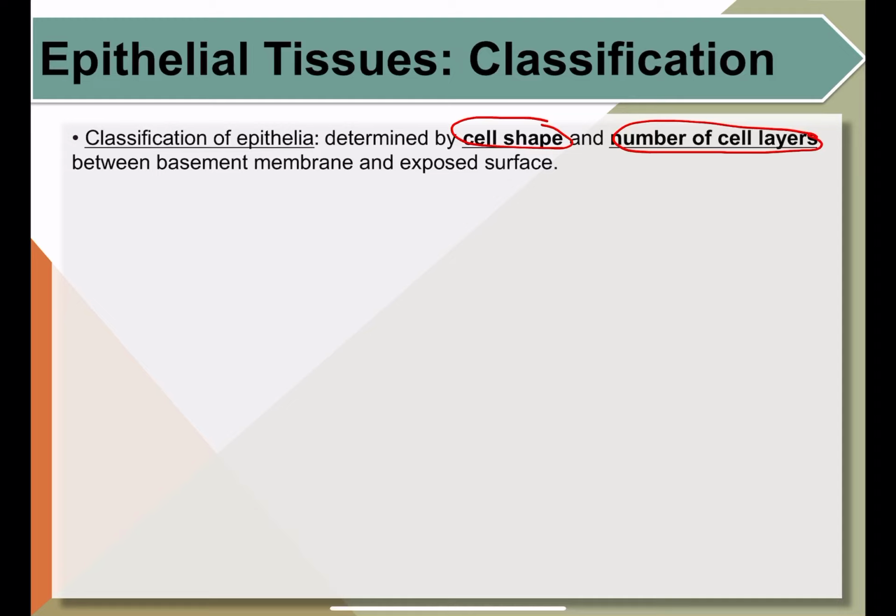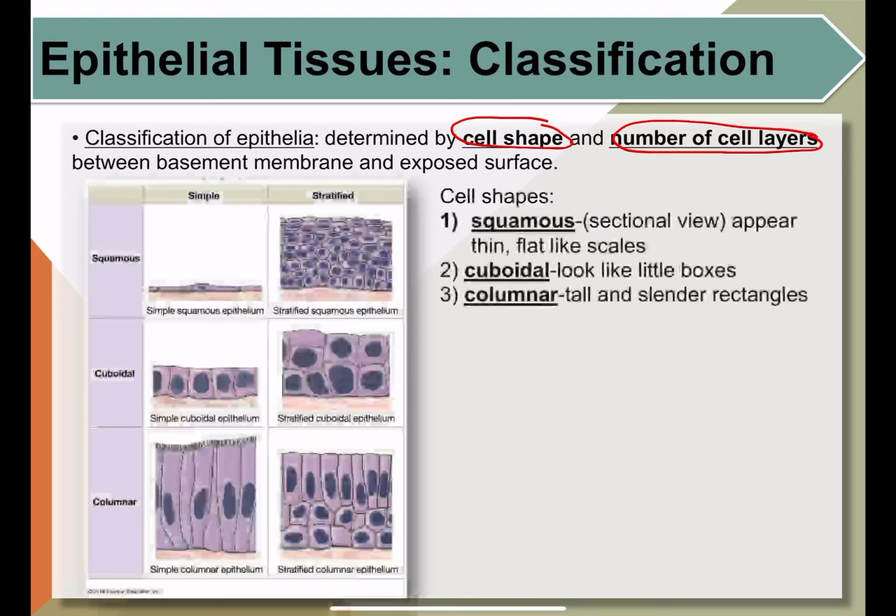For cell shapes, there are 3 types. You have your squamous cells. All of these are different views of the 3 types of cell shape. We're talking about a sectional view where we're cutting across the epithelial cells or the organ to see how they look.